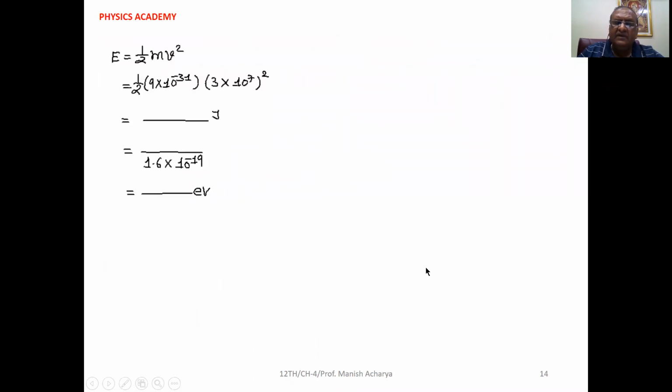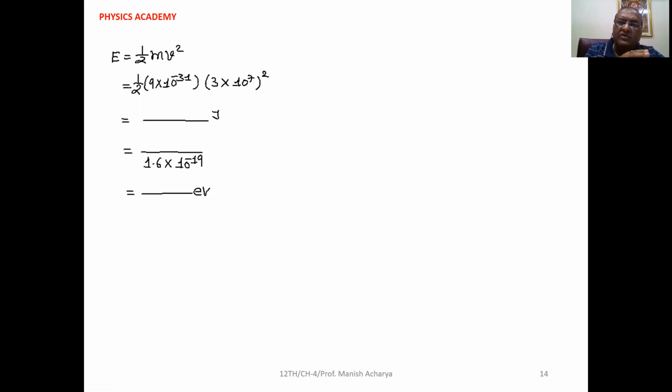Then its kinetic energy, that is half mv square. So half, mass is given to you, 9 into 10 raised to minus 31, speed 3 into 10 raised to 7. Take square of it. Solve this one. You will get energy in terms of joule.